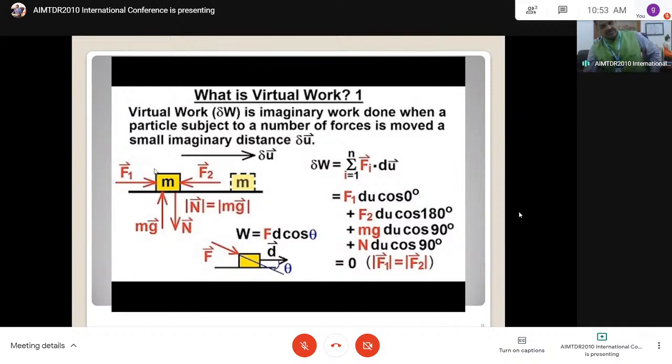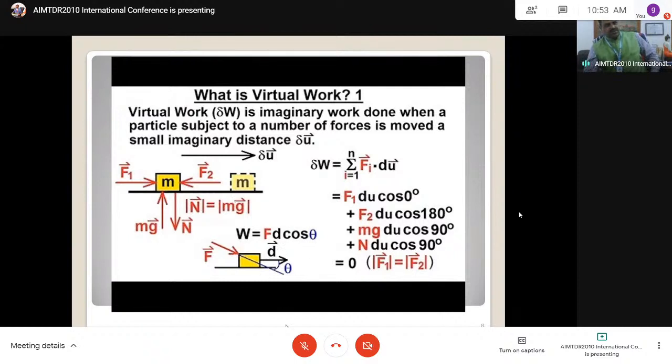Or if I apply this force in some inclined direction, which makes a virtual angle theta, the work is this force into the virtual displacement along this direction. This is the displacement. If I want to calculate it, delta d cos theta is in this direction, the force into displacement. This is the work. Theta depends upon the angle you have to substitute.